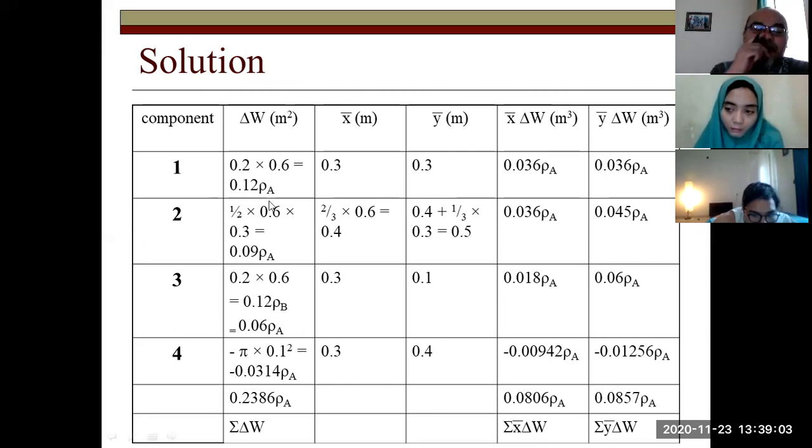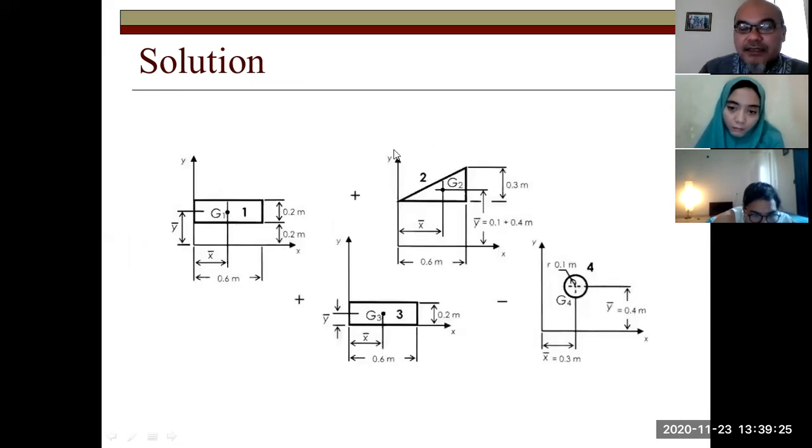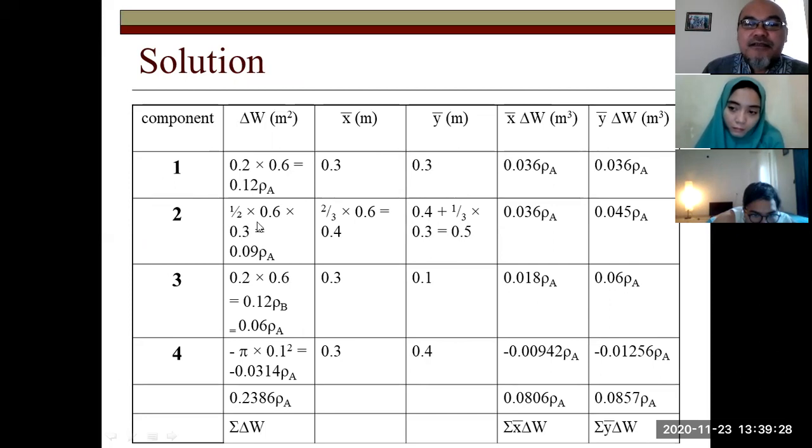Then the x coordinate is 0.3 meter, the y coordinate is 0.3 meter, then x times that delta W is 0.036 rho A, y times delta W is 0.036 rho A as well. And then component 2 is the triangle, similar to the previous example, only that here we put the rho A factor.